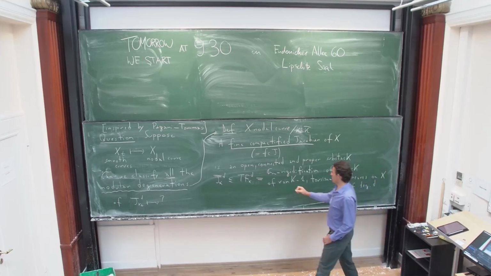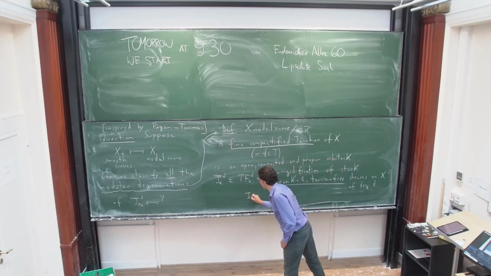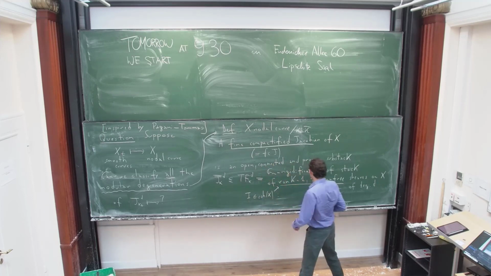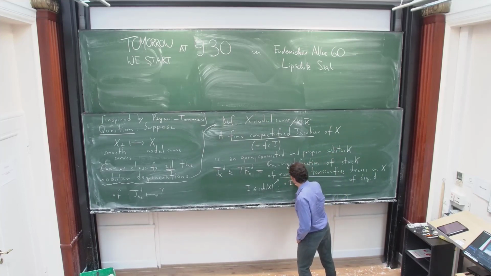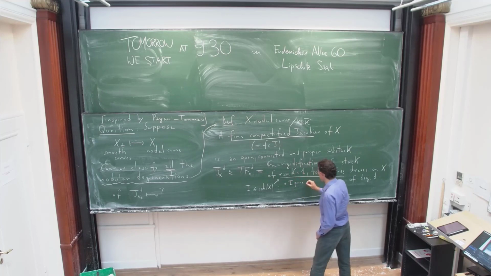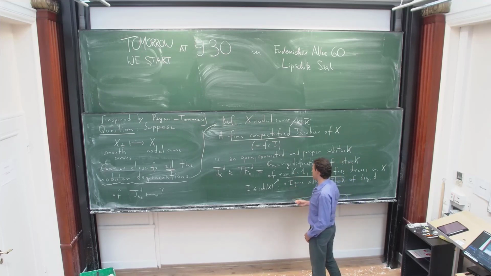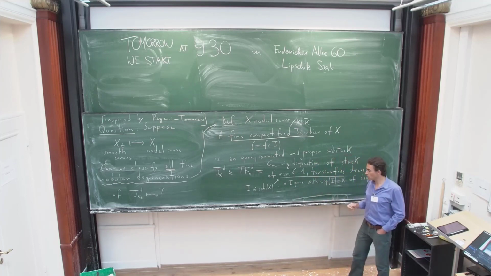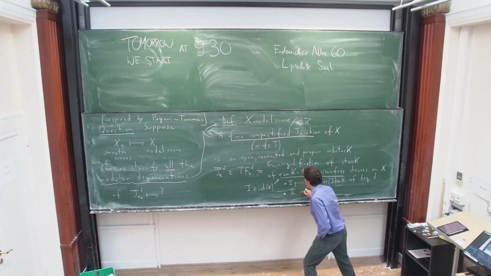So by this I mean I'm considering coherent sheaves on X, and then torsion-free means that I is pure, so it does not have subsheaves with non-full support. And the rank 1 means that it has rank 1 on each irreducible component, and you can say this by saying that I is generically a line bundle.